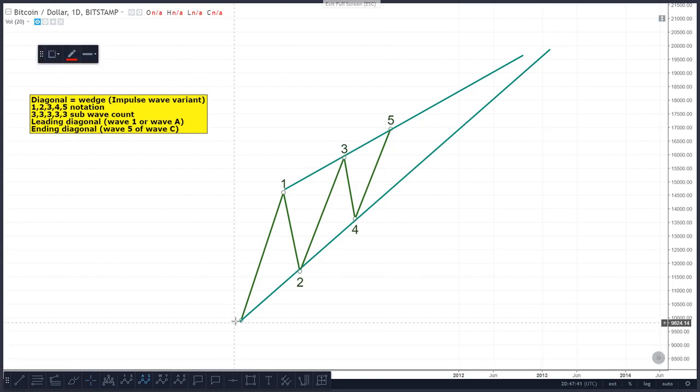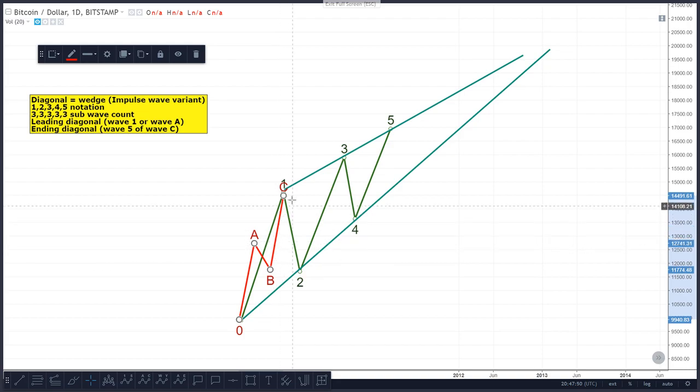But actually in the case of a diagonal, each leg is made up of 3 legs on a lower degree. So wave 1 is made up of 3 legs, wave 2 is 3 legs, wave 3 is 3 legs, wave 4 is 3 legs, and wave 5 is 3 legs. So this makes it confusing.